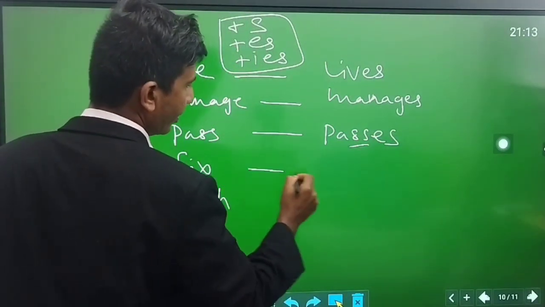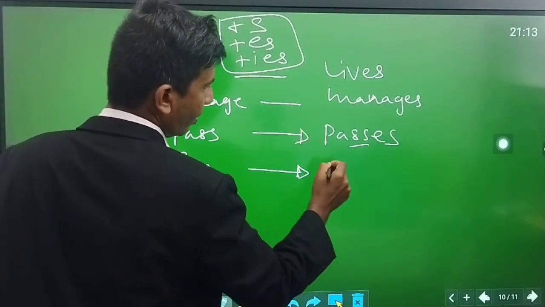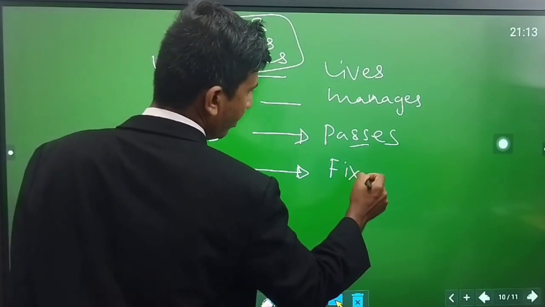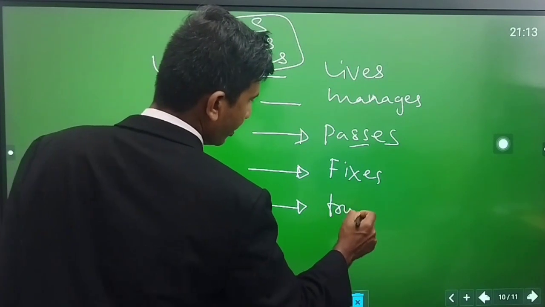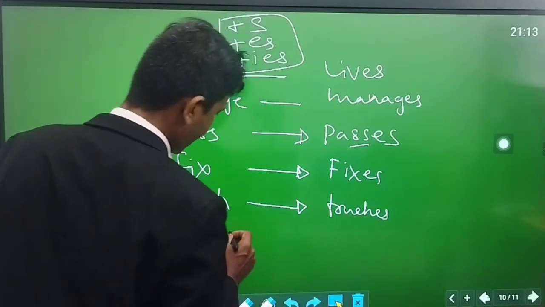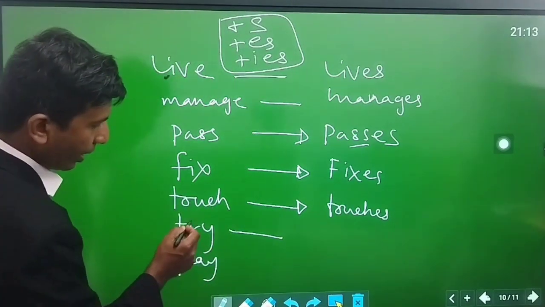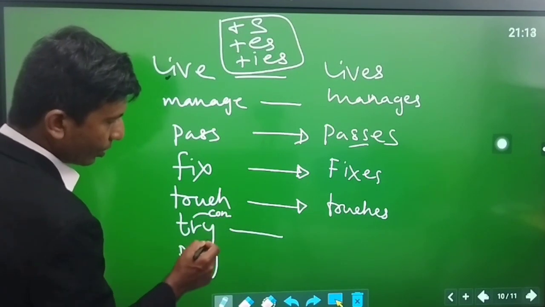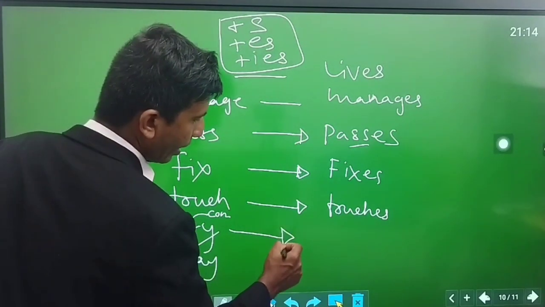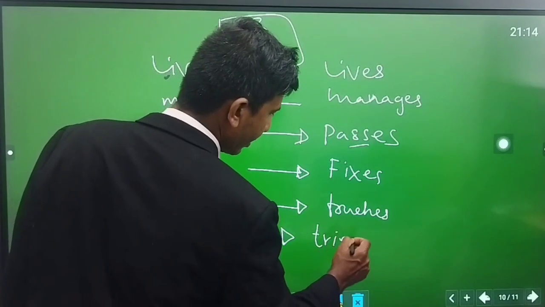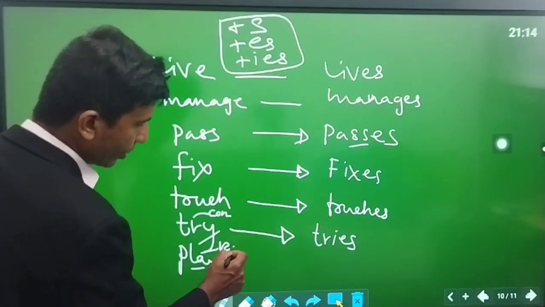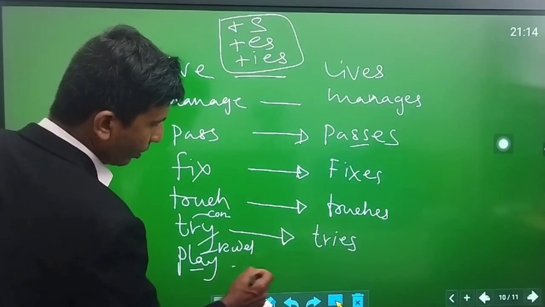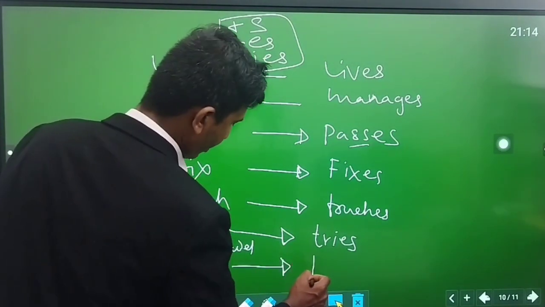Passes, fix, fixes, touch, touches, try. Before y there is a consonant, so remove y and add ies. Tries. Play. Before y there's a vowel, so you have to add an s.